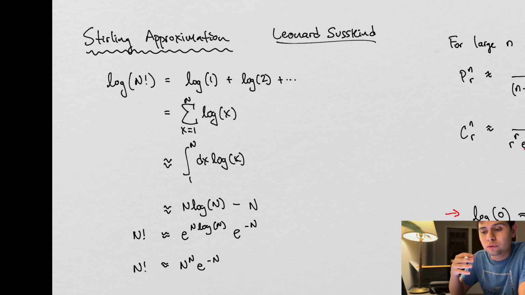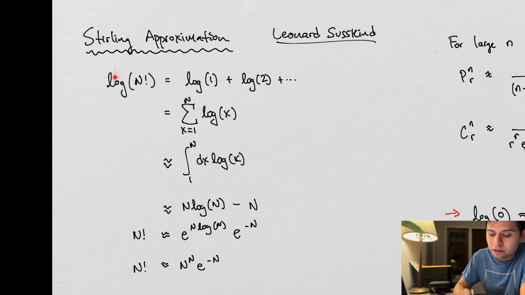Large systems typically contain a large number of states. So n could be the number of states of some system, and we want to approximate perhaps what the entropy would be of that system given the number of states. In order to do that, we need to understand how we can calculate these, and one way of doing this is through Stirling's approximation.